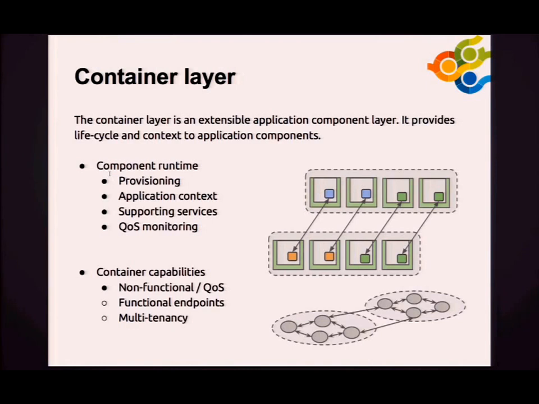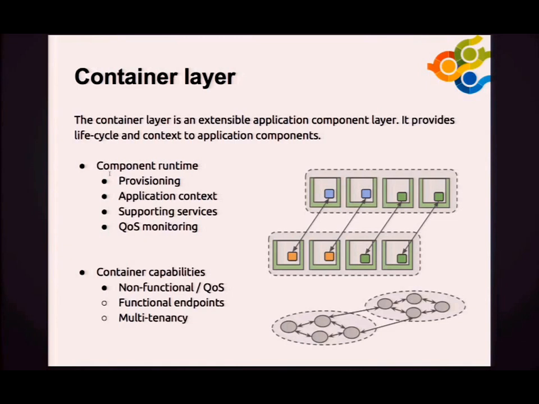We need to provide it with an application context. So if an application is distributed across multiple containers, it doesn't know anything about the location or the deployment topology, but it just knows I want to talk to service A. We have to provide it with the context, and through the OSGi service registry to be able to talk to service A. There might be a host of supporting services, including logging, QoS monitoring, etc., etc.